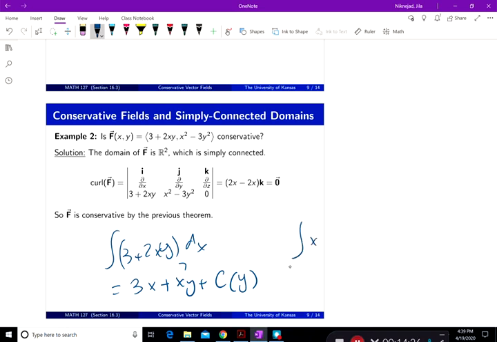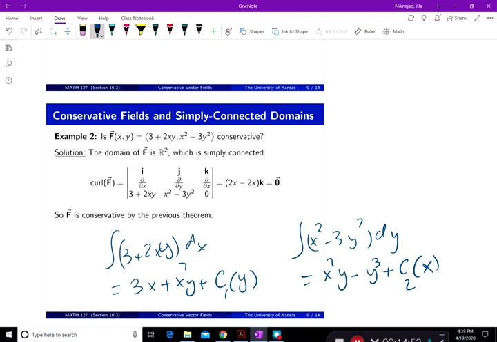And then here I will get the integral of x squared minus 3y squared dy would be x squared y minus y to the third plus c, with respect to this one c1, c2 function of x, and that's the reason I chose c1 and c2.